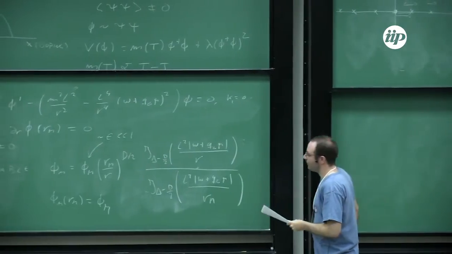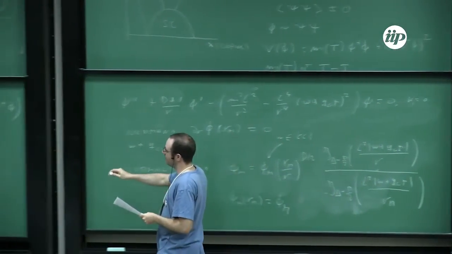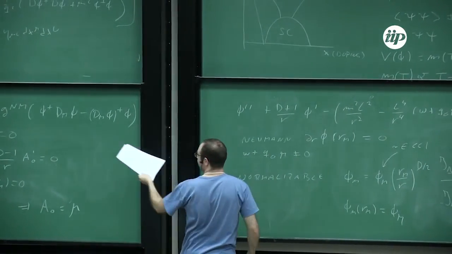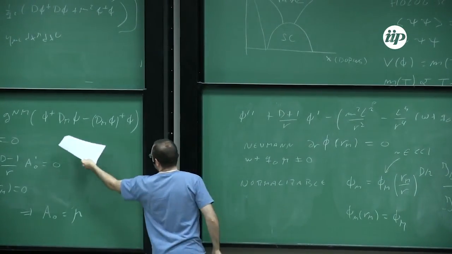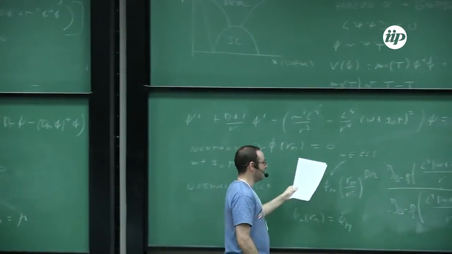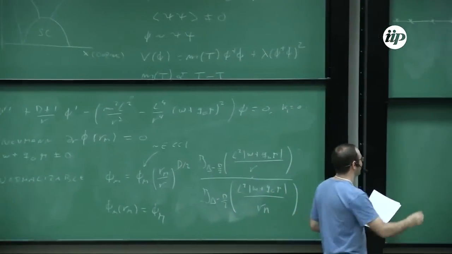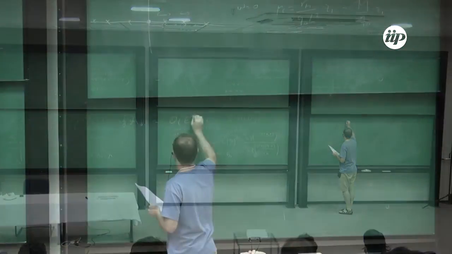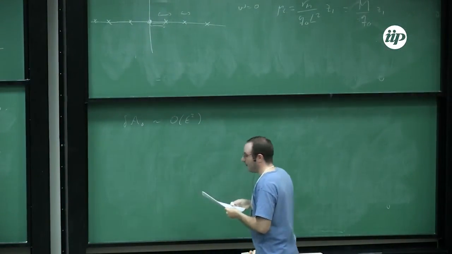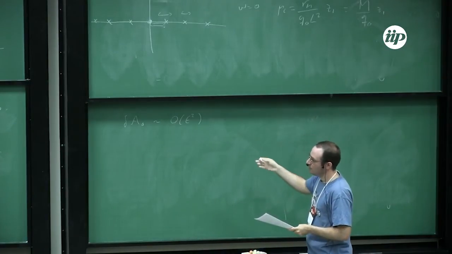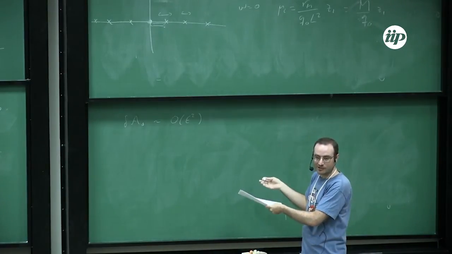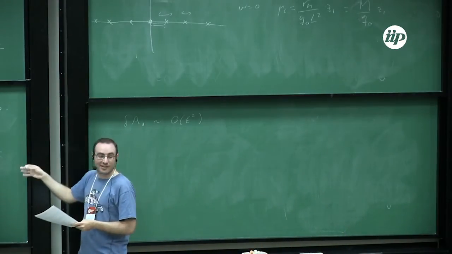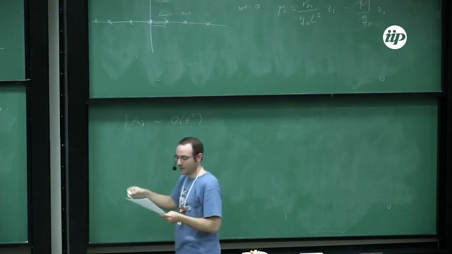Now, the gauge field is coupled to the scalar through the current. So when this is non-zero, there will be a contribution to the gauge field. But because this is quadratic, it will be of order epsilon squared. So there will be a change in the gauge field of order epsilon squared. And actually, this is how people, in the case when you have a black hole, describe the formation of the condensate close to the critical point, doing this kind of expansion.